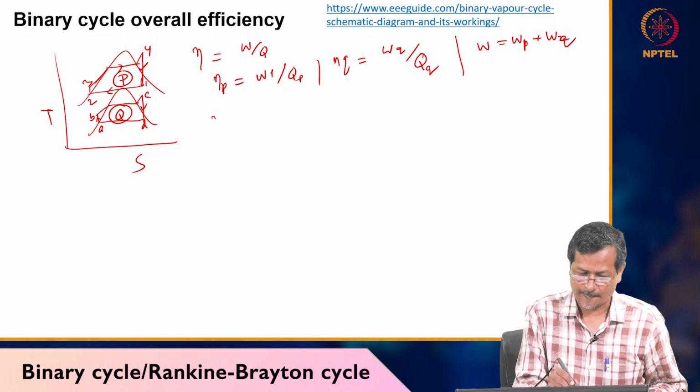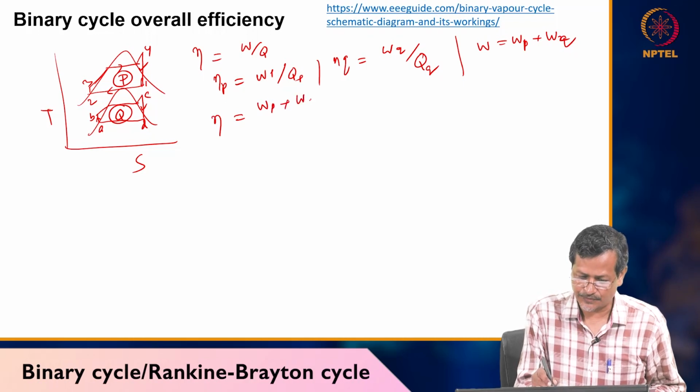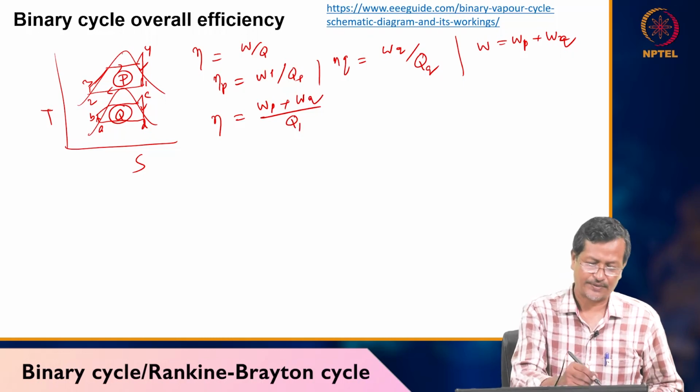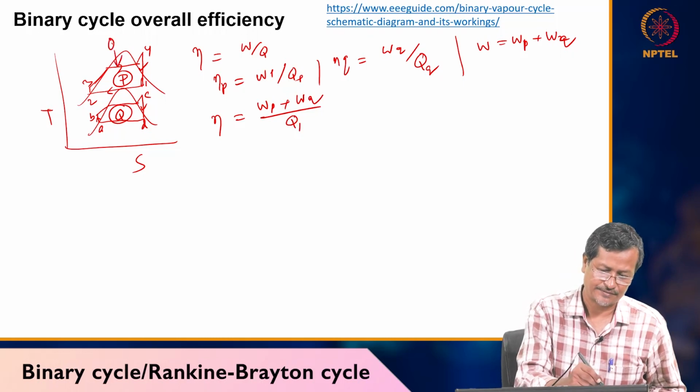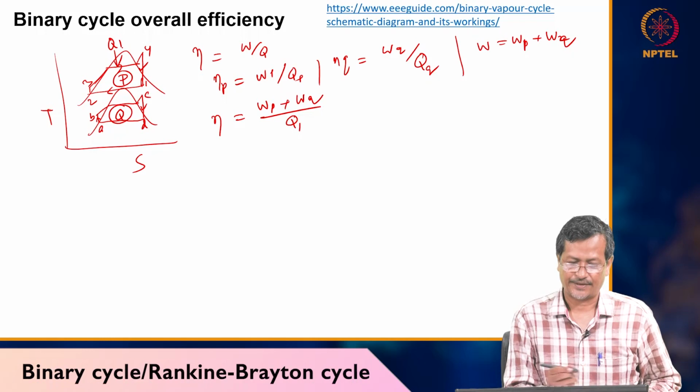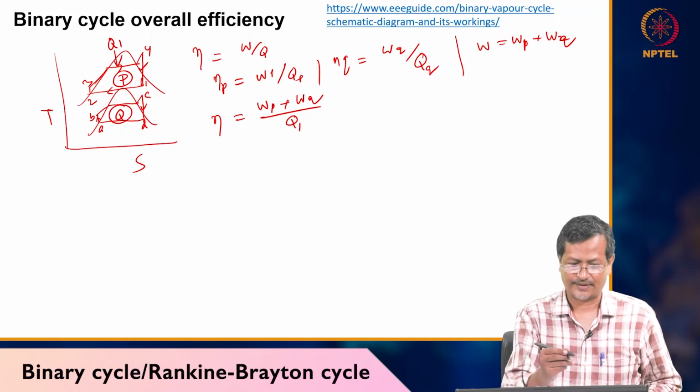Now eta equals Wp plus Wq by Q1. Q1 means you are giving heat energy from 3 to 4. Total energy is coming from the reactor only.